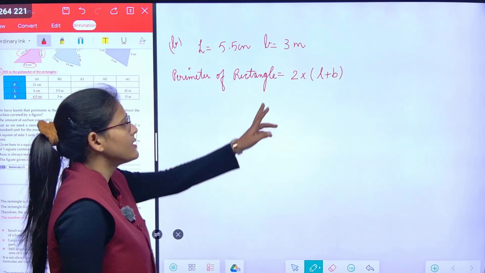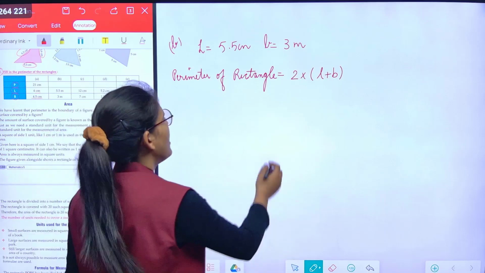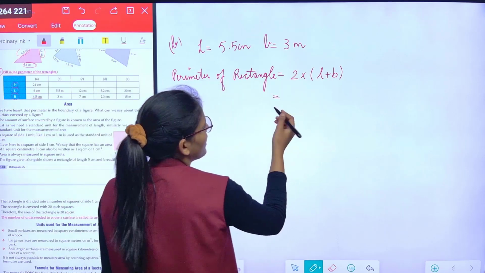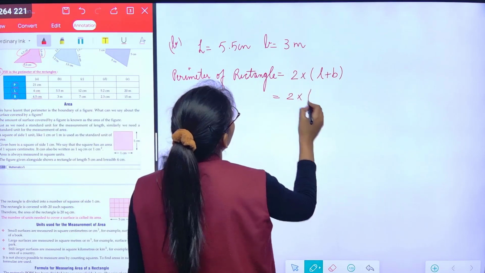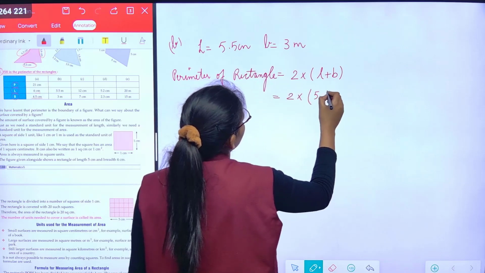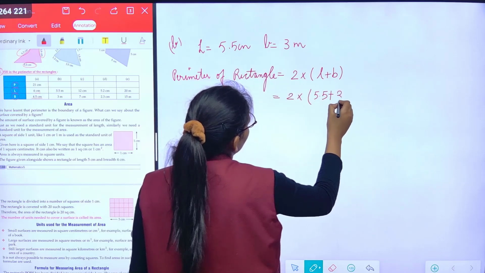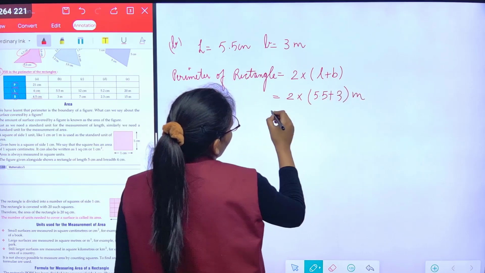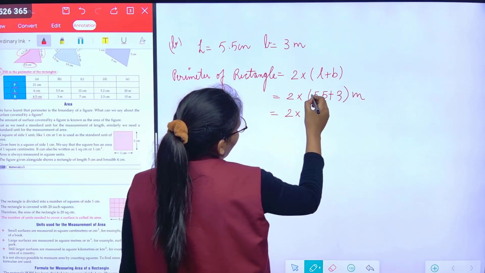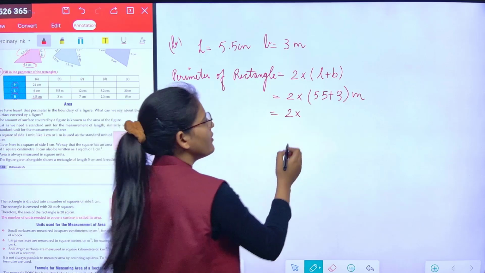Understand, class? Class, firstly हम क्या लिखेंगे? फॉर्मूला लिखेंगे अपना, देन हम उसमें अपनी वैल्यूज को पुट करेंगे. देन 2 मल्टीप्लाई लेंथ क्या है क्लास हमारे पास? 5.5 एंड ब्रेथ है हमारे पास 3 मीटर. Plus C, 2 multiply 5.5 plus 3, 8.5.